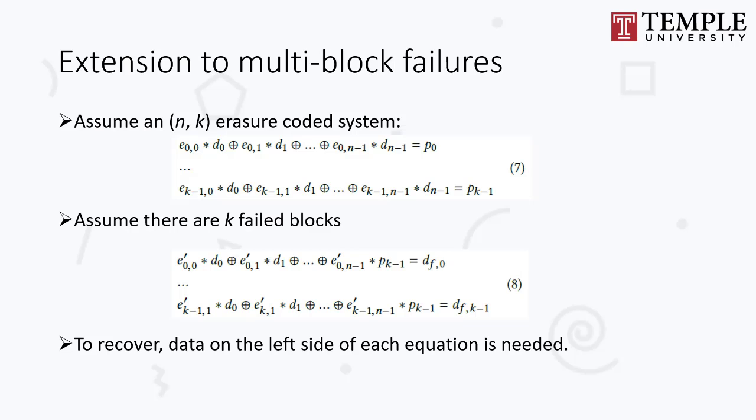Then from equation 7, we have equation 8, where E'ij is the coefficient after the conversion. Note that the blocks on the left side of each sub-equation in equation 8 do not include the failed block on the right side of each sub-equation. So to recover each failed block, the data on the left side of each equation is needed. Once again, we can use partial decoding and cross-rack scheduling to reduce the total repair time.